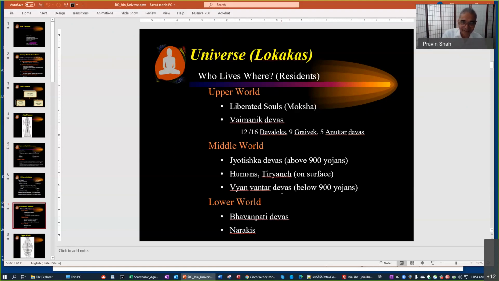Everything is described in the Snatra Puja. When you do the puja with meaning and understanding, you will see which devs these are. Many of them are Bhavanpati Devs and Vyantar Devs. Very few are the Vaimanik Devs. And I have a list of the 63 Devs who come and do this Abhishek. We will also discuss how and where these Devs are.